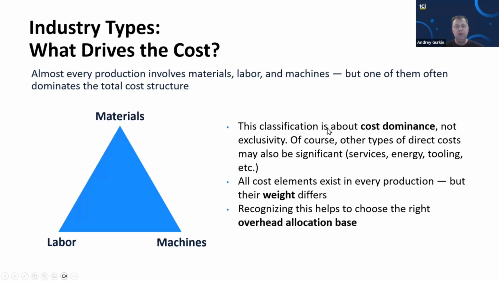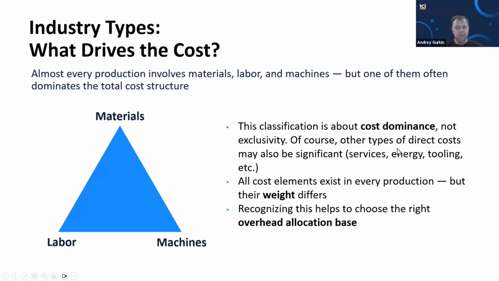But most of the time, if we do not have a very diversified holding where we are producing simultaneously ships, services, some food production, etc., most of the customers are using almost one or two of those factors, either materials or machine hours or labor, or maybe they are mixing two different methods. This classification is about cost dominance, not exclusivity.